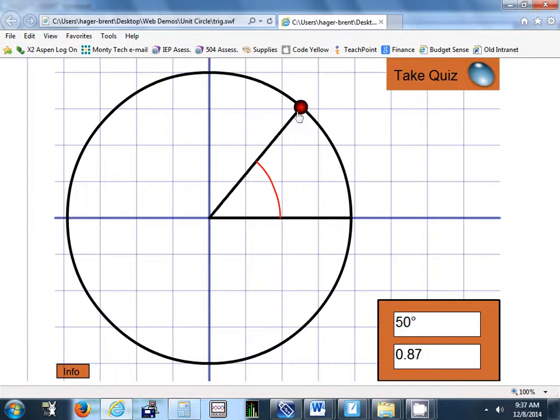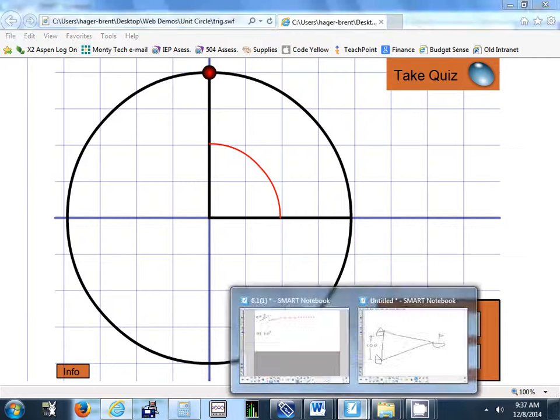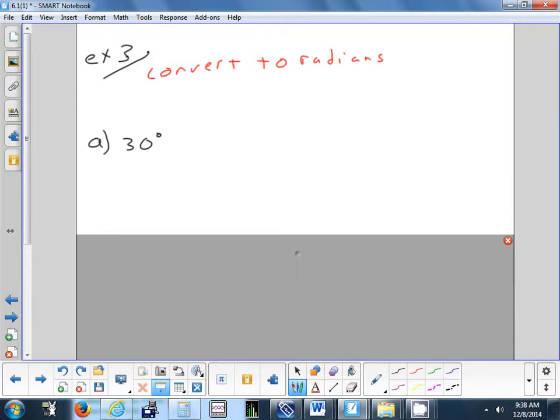Then all of a sudden you go off 45 and they start using decimals again till you get to 60. It's pi over 3. And then up to 90, it's pi over 2. So if your angle is a multiple of 30 or 45, we're going to leave the answer in terms of pi. All right, so let's see how they got pi over 6.